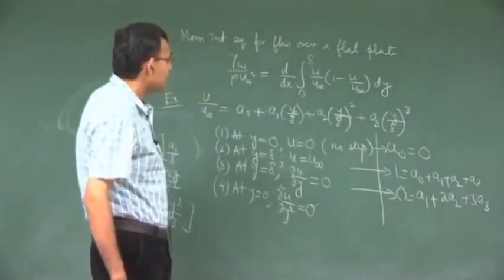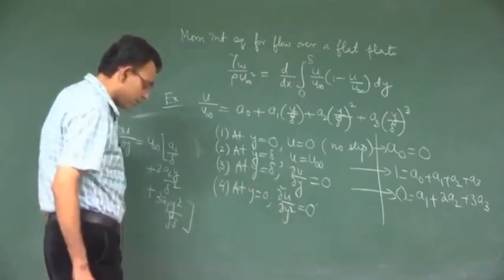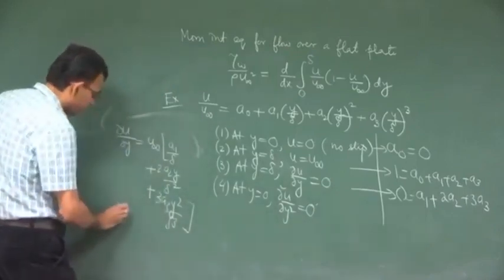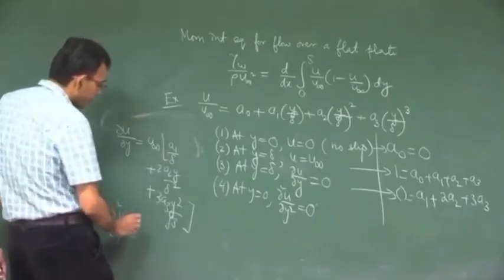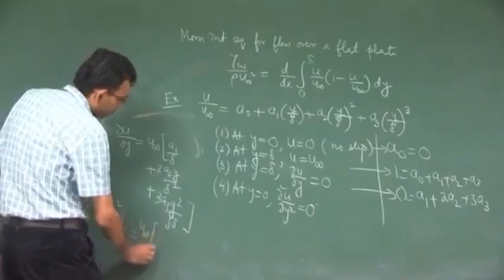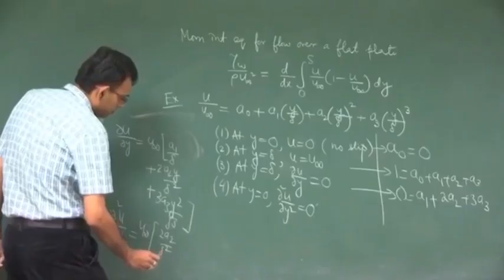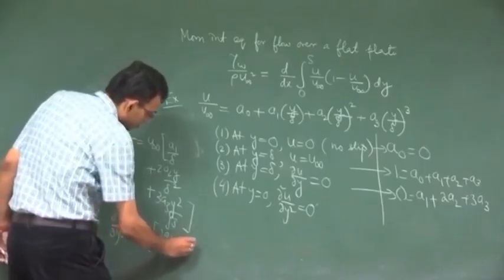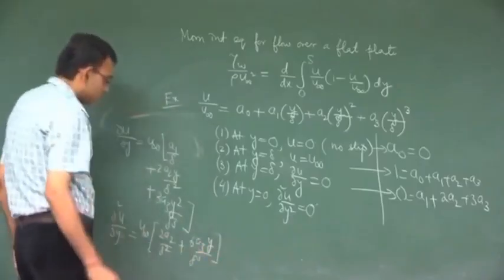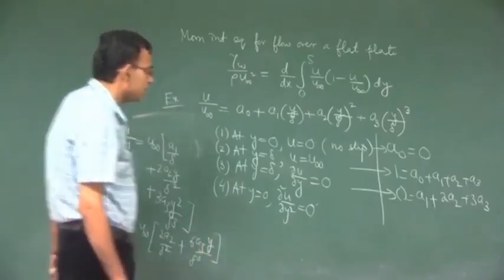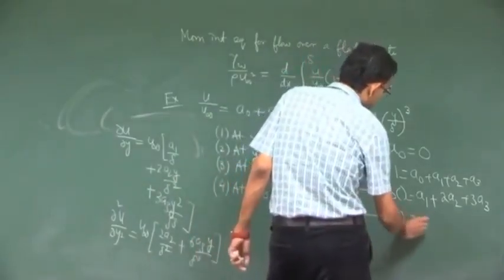and at y is equal to 0, del 2u del y2 equal to 0. So, del 2u del y2, so that means 0 is equal to A2.